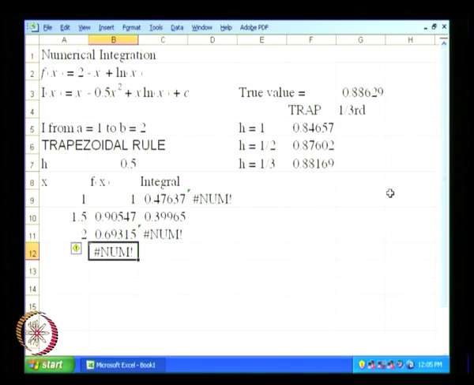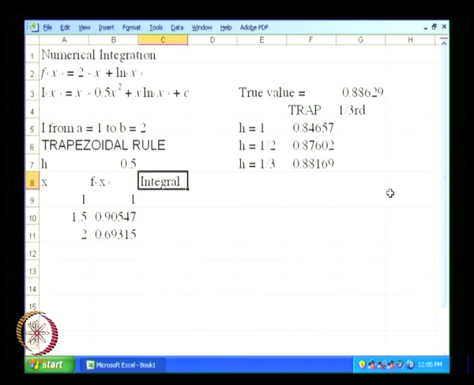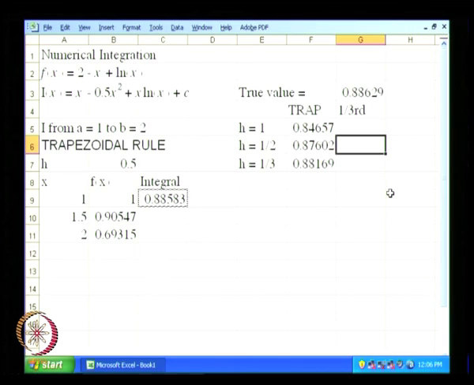And the integral is going to be equal to h by 3, that is h divided by 3, and I will put dollar signs, multiplied by f1 plus 4 f2 plus f3. Okay. So, this is the value of the integral obtained using the 1/3 rule.